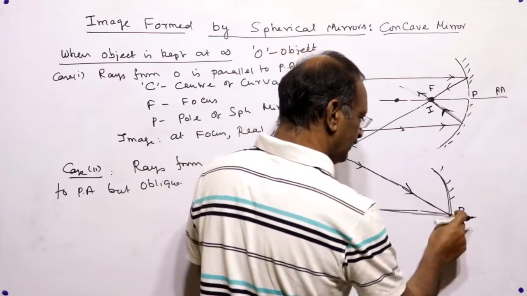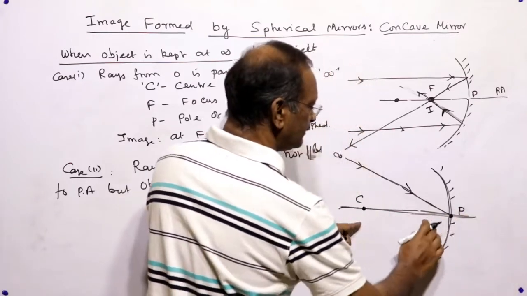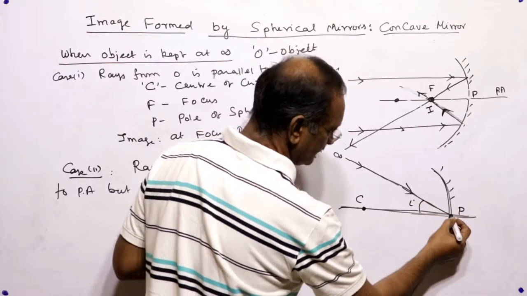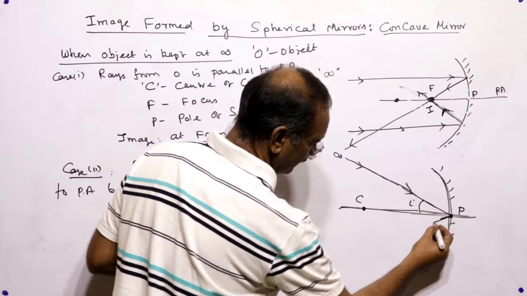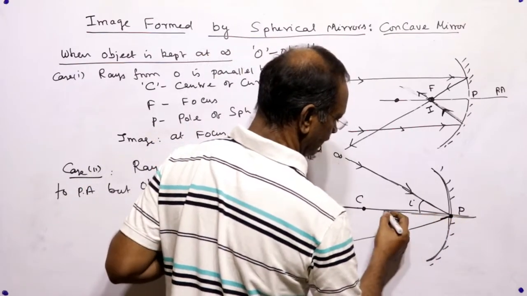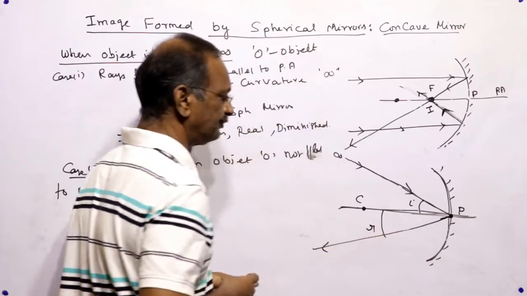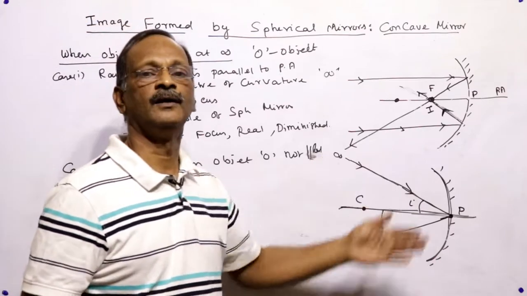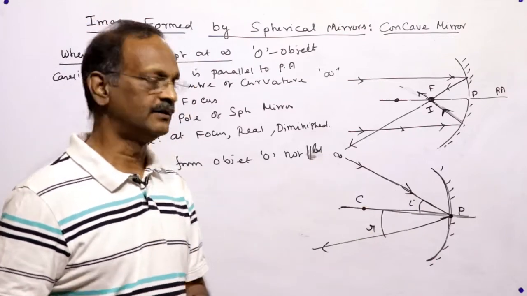From the center of curvature to the point of incidence, this is the normal. With respect to the normal, this is the angle of incidence, and this is the angle of reflection. After reflection, it will go according to the law of reflection: angle of incidence is equal to angle of reflection.